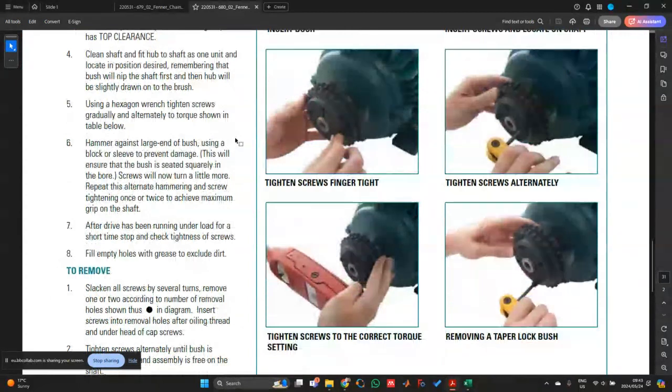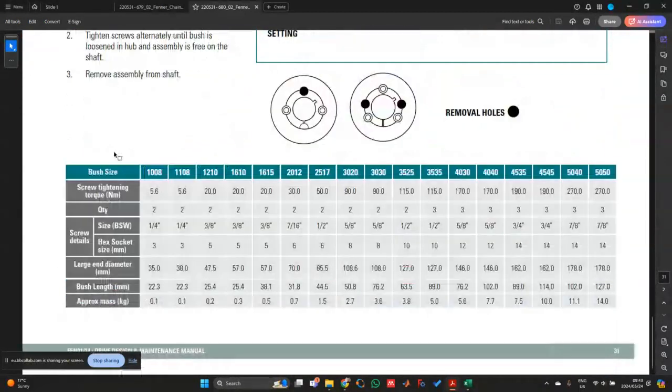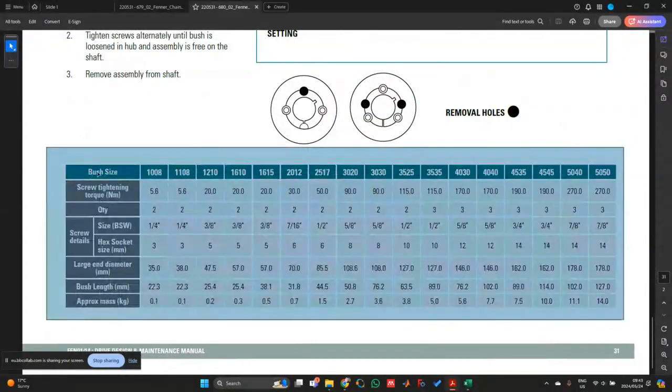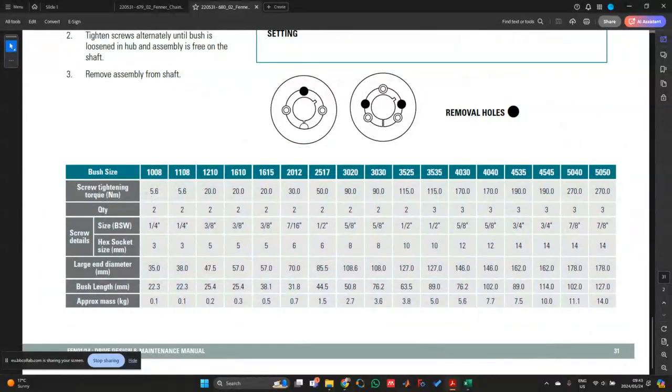What is important to note is at the bottom of this page, you'll see there's this table over here. So with regards to the bush size that we select from our Fenner Chain Drives catalog, we can then go and determine what the different quantities or the properties are that we need to use. So for example, you have this screw tightening torque.